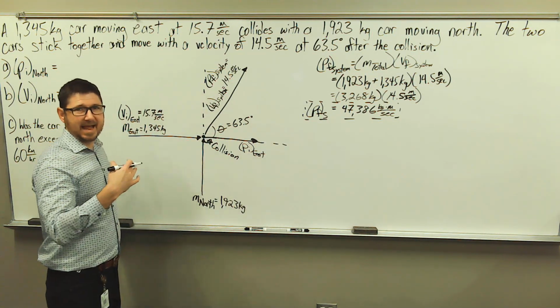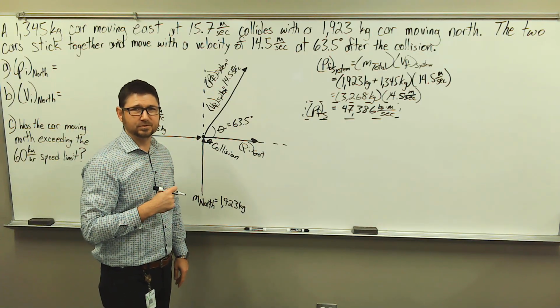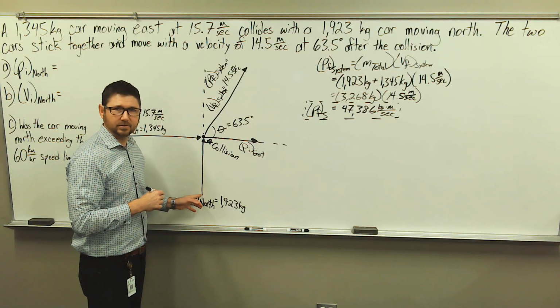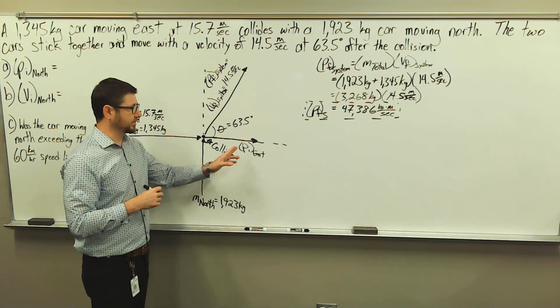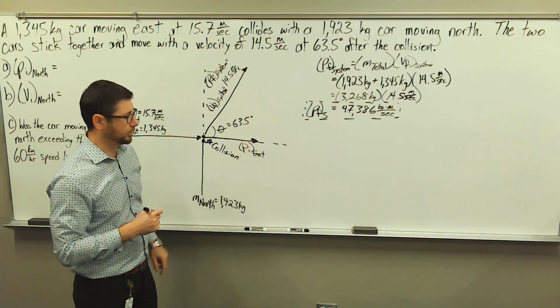And what we're doing is adding vectors graphically. So we're going to place the tail of vector 2 on the head of vector 1. So I'm going to place the tail of our initial momentum vector for the car moving north on the head of the initial momentum vector for the car moving east.